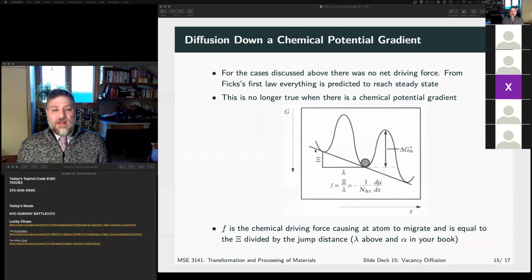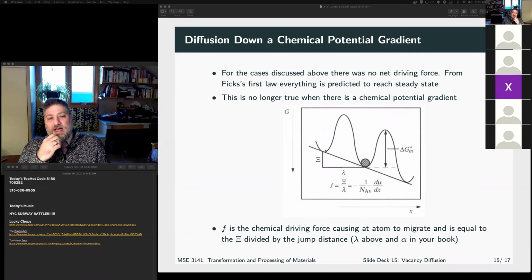Now, that in and of itself, if we think about trying to optimize our energy, is going to make things go this way, right? It's going to say the system's going to try and find the minima, but it's actually biased even more, right?